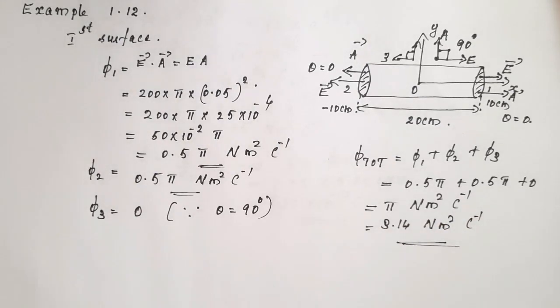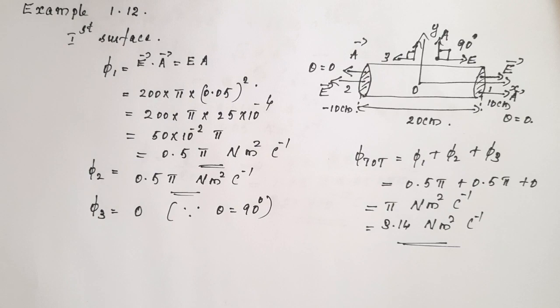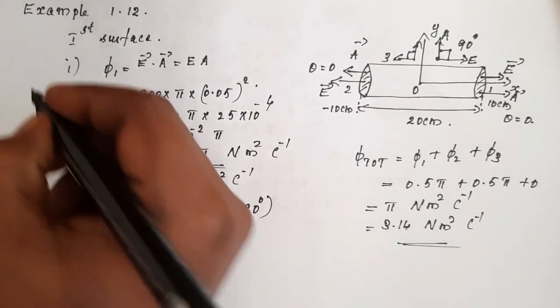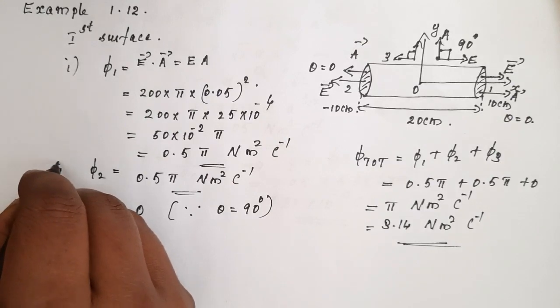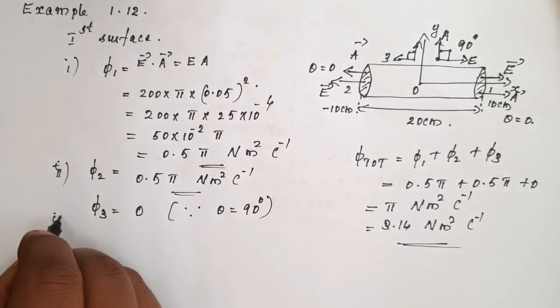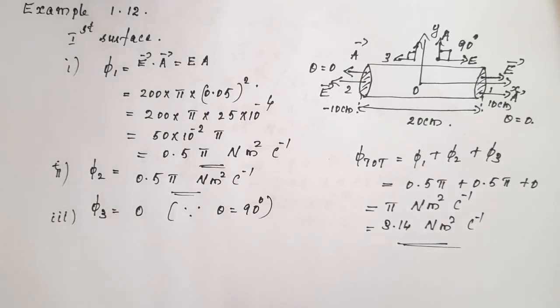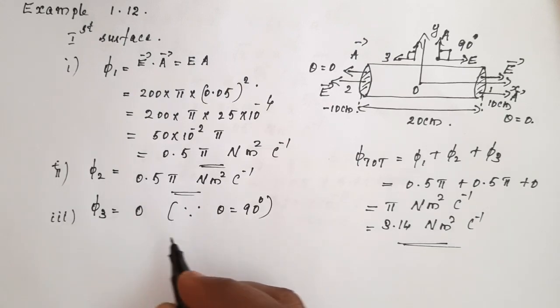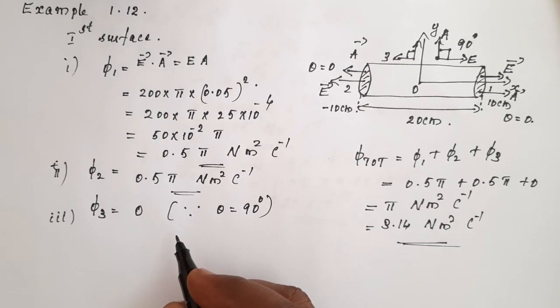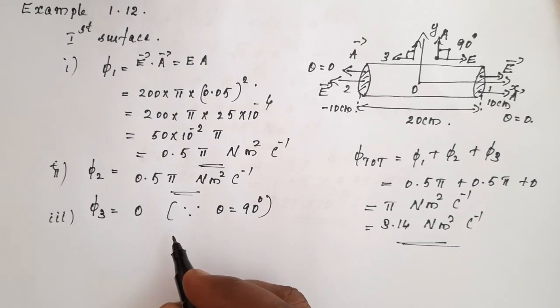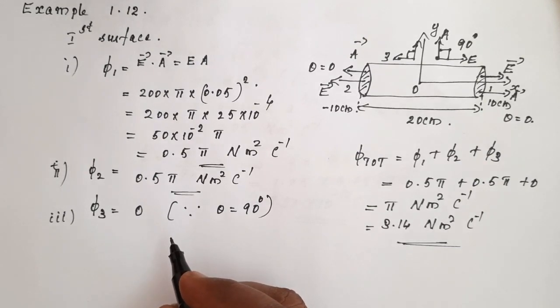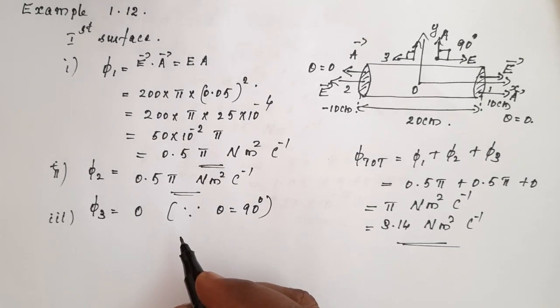So we have found the flux through each face and the total flux also. So the three sub questions are over: the first sub question, the second one, and the third one. Now coming to the last sub question, what is the net charge inside the cylinder?